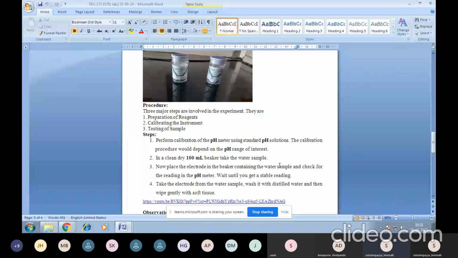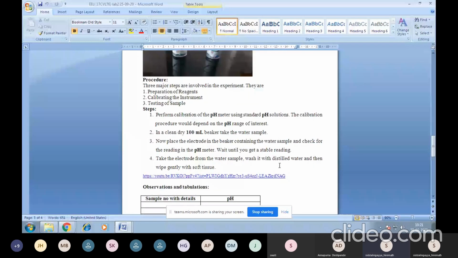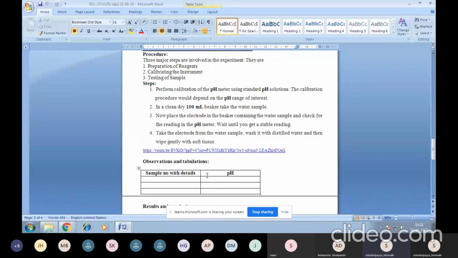Now take the electrode from the water sample, wash it with distilled water, and then wipe gently with soft tissue. Here I have pasted the YouTube link. So you can go through, or you can browse this particular link to see that video. Now it is not possible here. The video is not playing here.